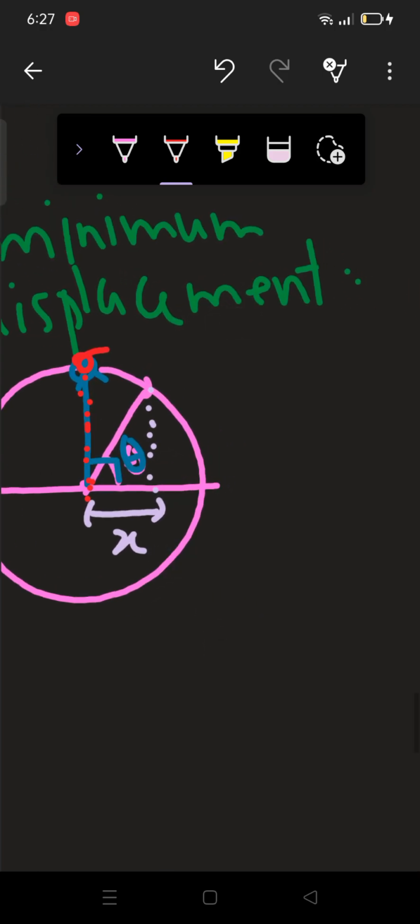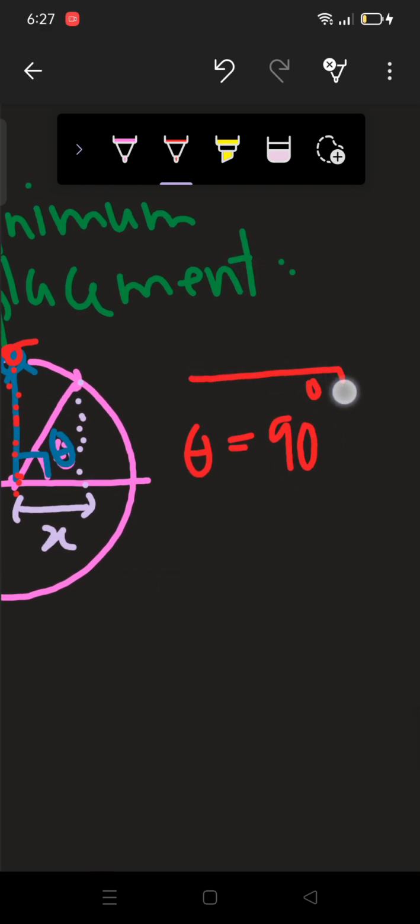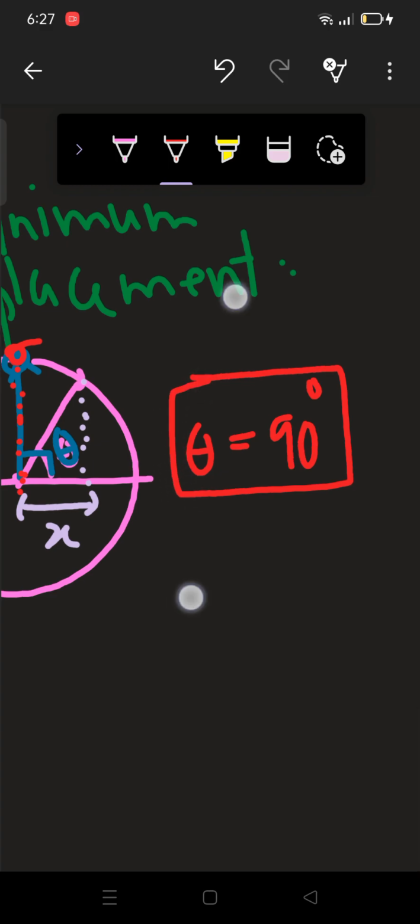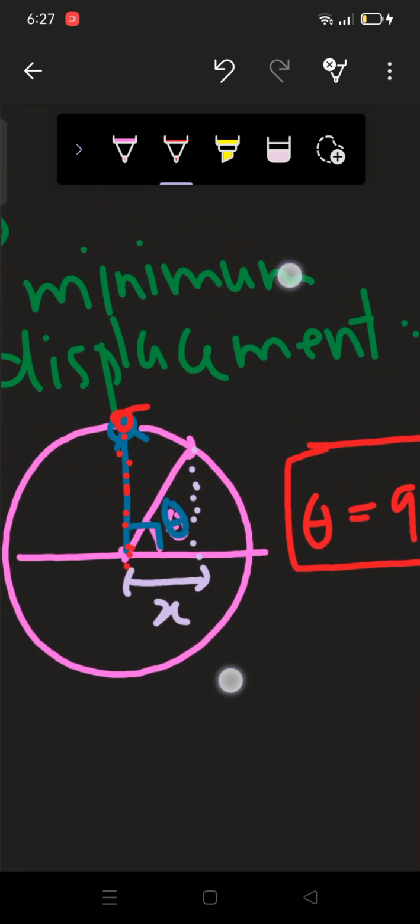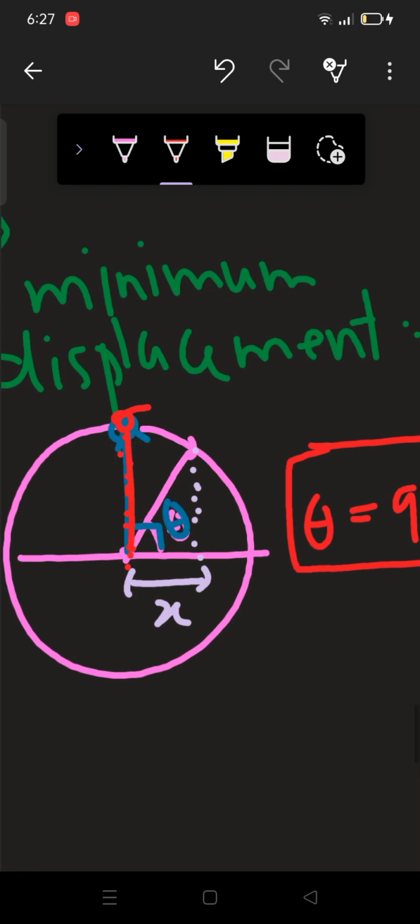So for the minimum displacement, I need to take my angle as 90 degrees, which makes a right angle.